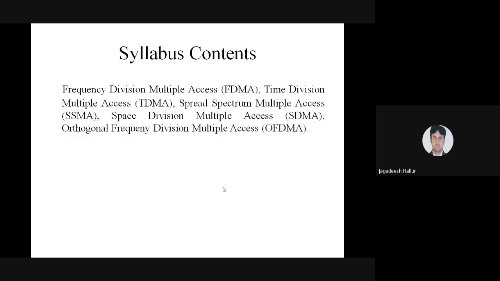The syllabus contents, there are fewer contents in this unit. First content is frequency division multiple access. What is the meaning of frequency division? You have to divide the frequency instead of time, instead of code.